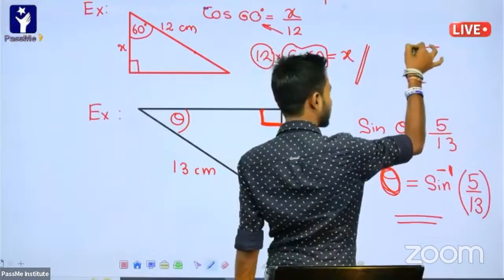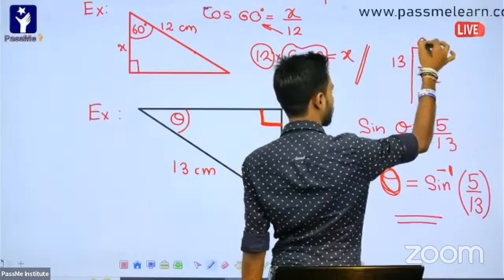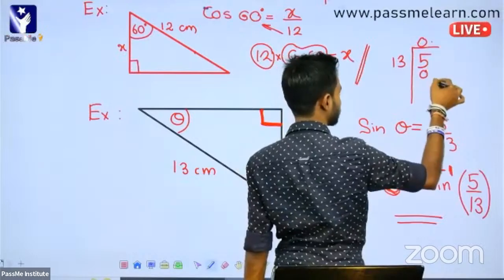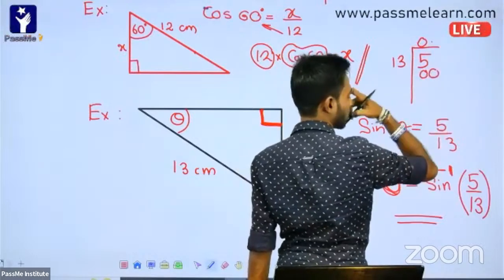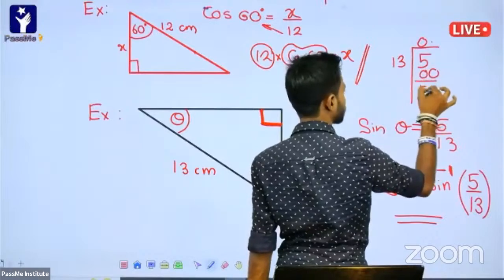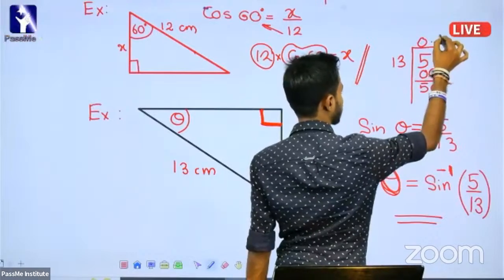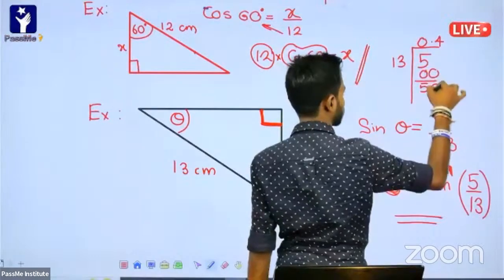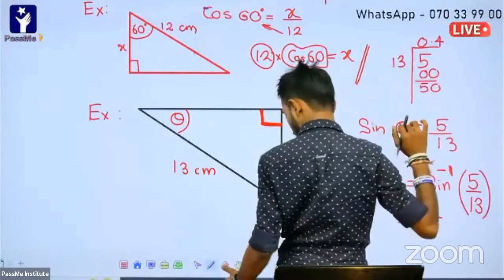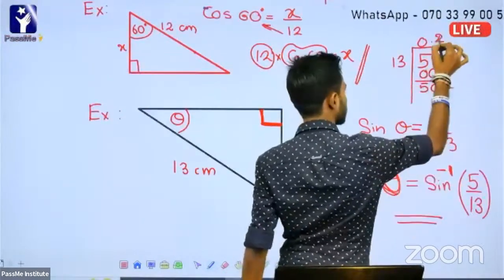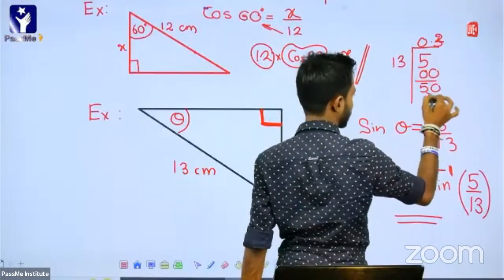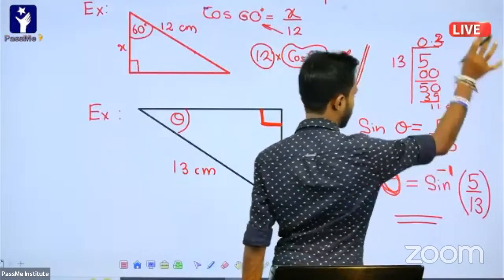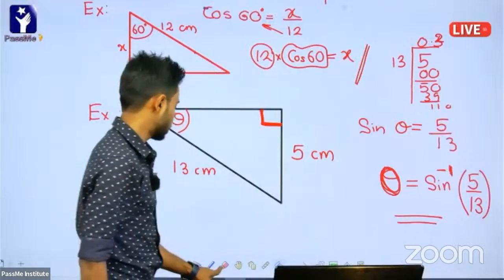5 divided by 13. Put 0 here, put decimal places like this. Here 5, 50, like 4, not actually 4, it should be 3. Likewise you can do 39, 11, 0 and so on, so you can find it now.